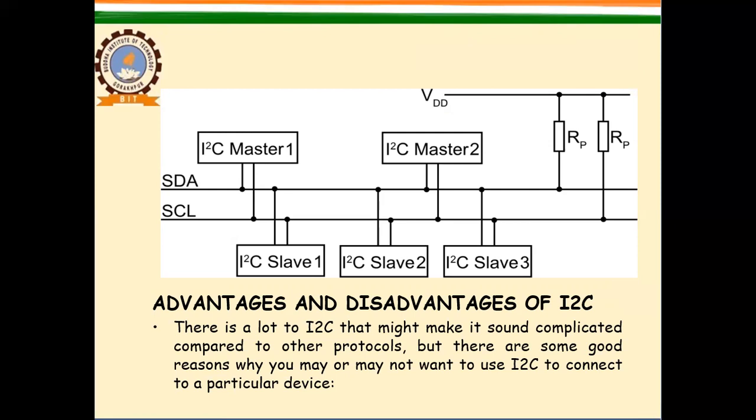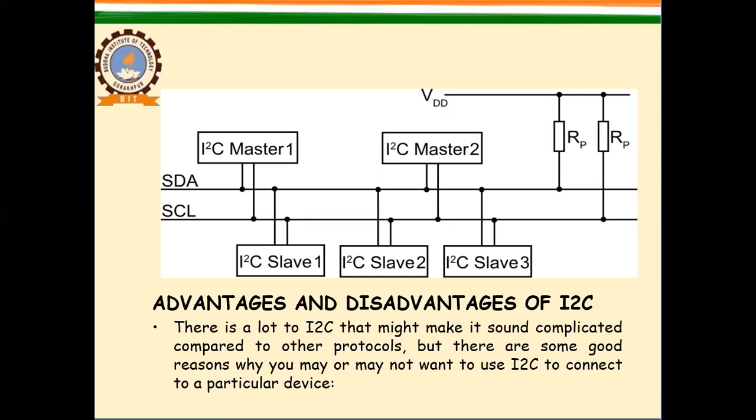Now we are going to discuss the advantages and disadvantages of I2C. When we are talking about the advantages of I2C, there are a lot of things about I2C that make it a more prominent protocol in comparison to SPI.